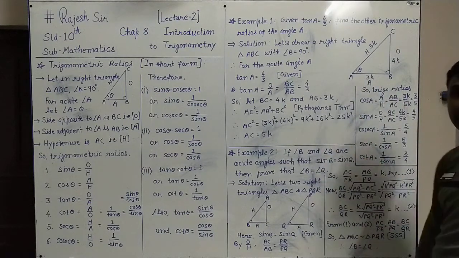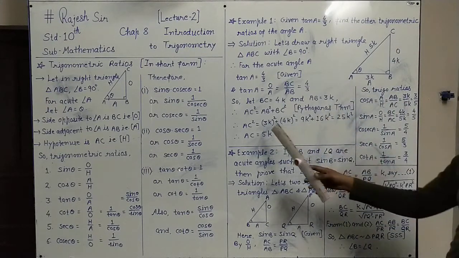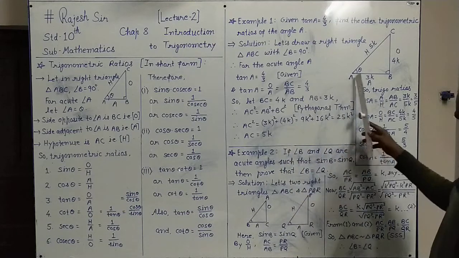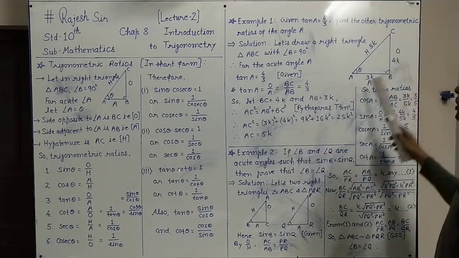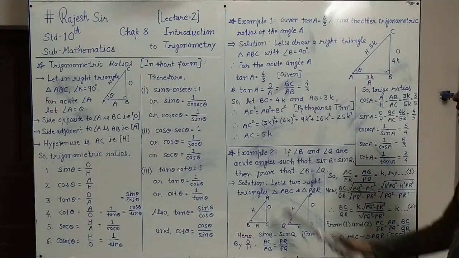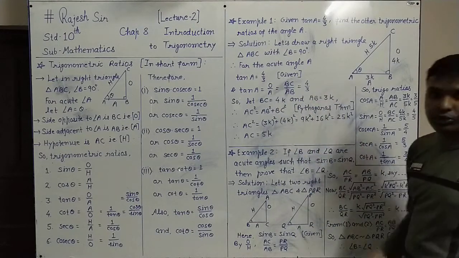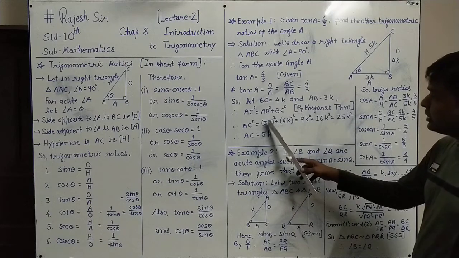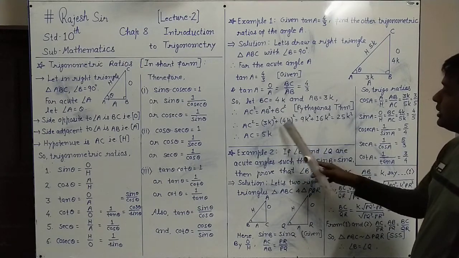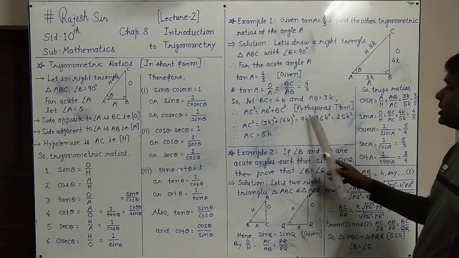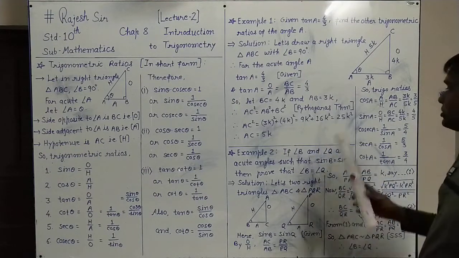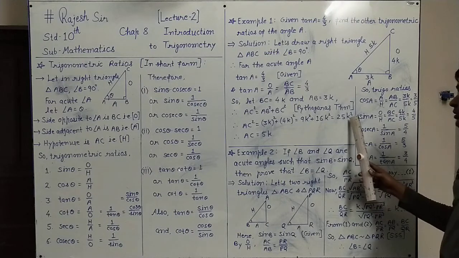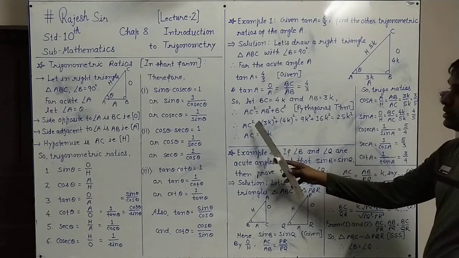Placing the values, AB is 3K and its square, plus BC is 4K and its square, as considered from the given ratio. Now simplify: 3K square is 9K square, plus 4K square is 16K square. 9K square plus 16K square gives 25K square. This 25K square is the value of AC square.